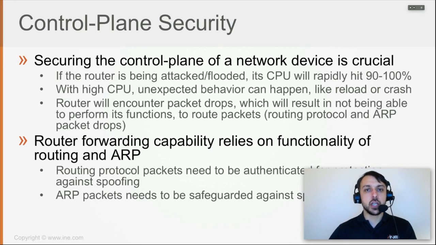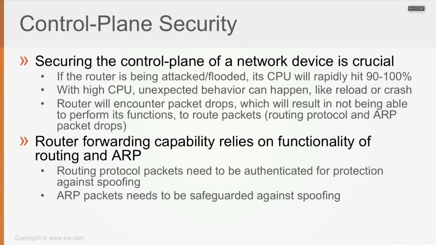So even if I secure the control plane to make sure that the router is able to process the control plane packets, I still have to make sure that the two protocols that make the router able to forward packets back and forth, routing and ARP, are both secure.